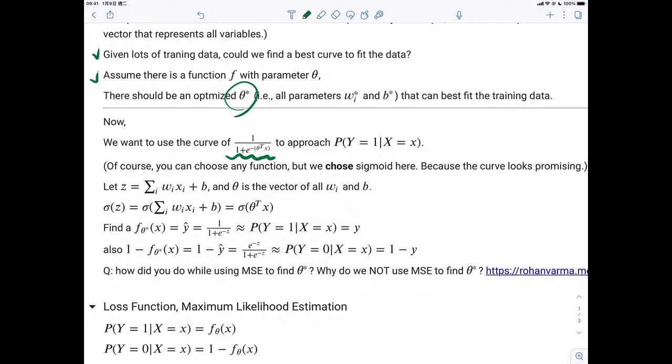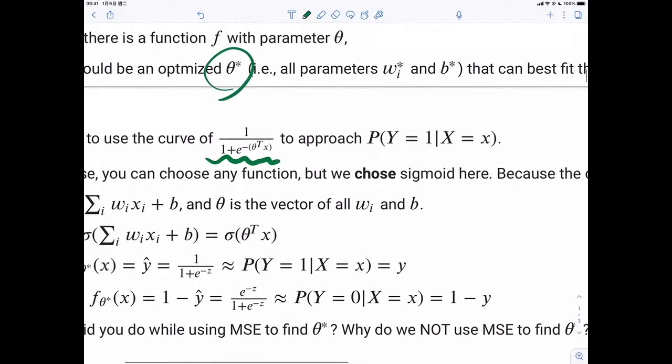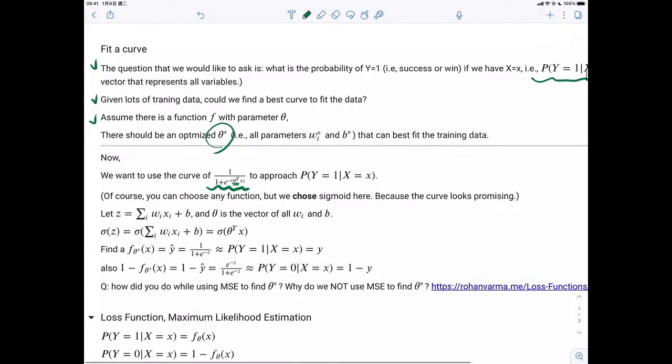I would like to tell you what this is. Usually we say theta 0 plus theta 1 x1 plus theta 2 x2, something like that.